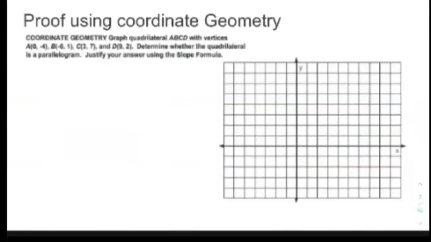All right, coordinate geometry. Now we get to prove that we have a parallelogram. We have the point A at 0, -4. Then we have the point B at -6, 1.